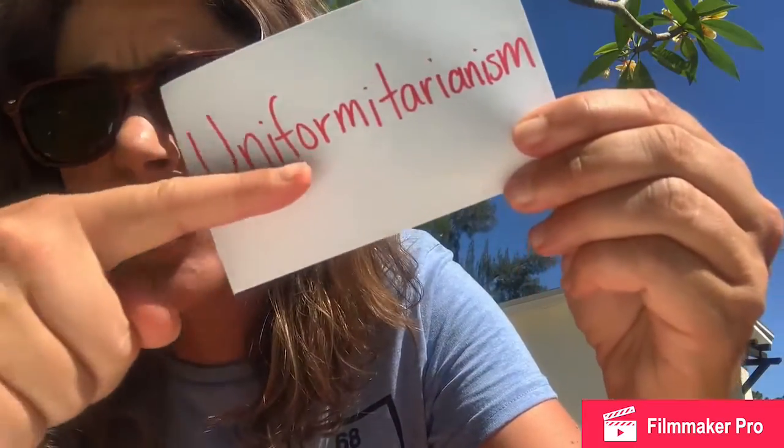Uniformitarianism. You're going to recognize the first part of that because you all wear one, a uniform. When we all wear a uniform, we are all dressed the same. And so the idea of uniformitarianism is that the same processes that are happening around us today, we need to accept that those same processes happened in the past.